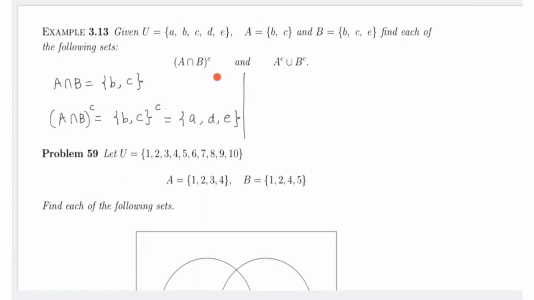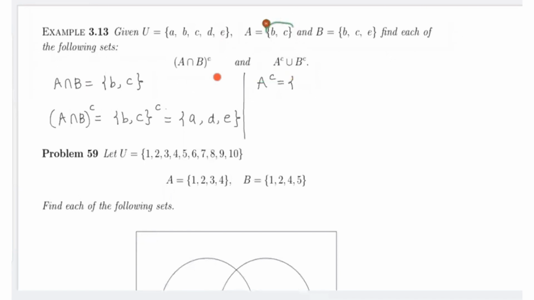A complement union B complement. So A complement, element is not in A. B complement, element is not in B. And then union of those. A complement first.